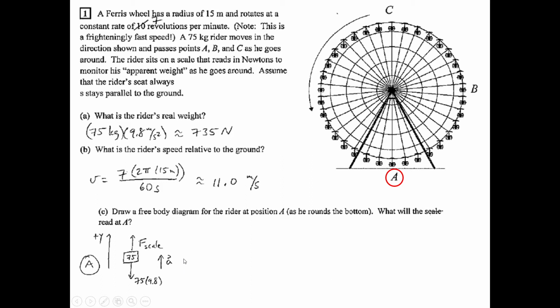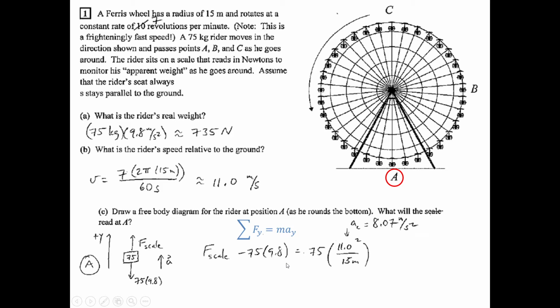Okay, and then we're going to do F net y, or sum of the force y components, equals m a_y. There are two forces with non-zero y components. F scale comes in with a plus sign in front of it, and the mg comes in with a minus sign in front of it.